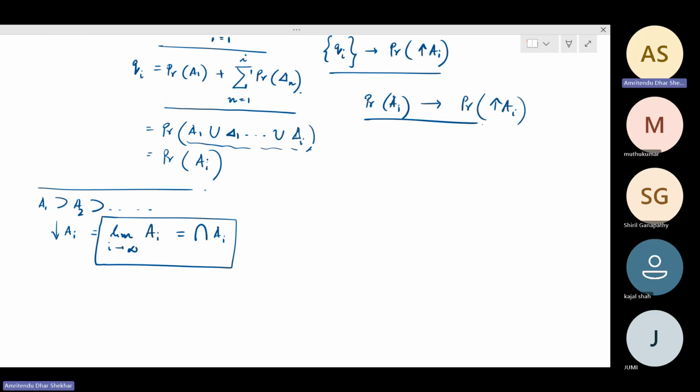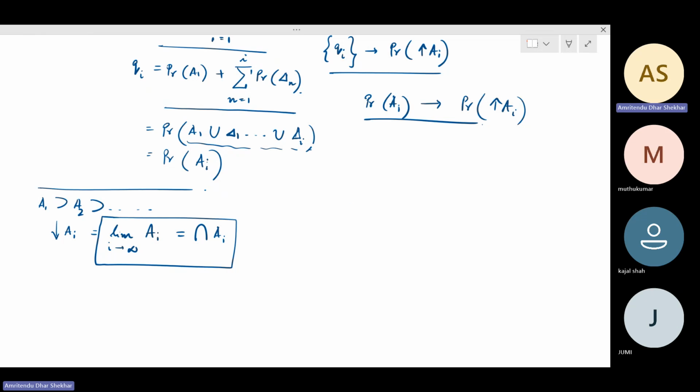Now, again, you have a corresponding result as the previous one, which says that the probability of this decreasing sequence of sets A_i is again equal to the limit as i tends to infinity of the probability of A_i.